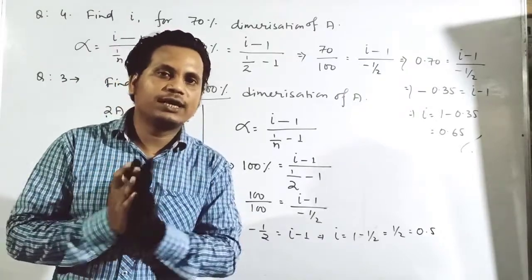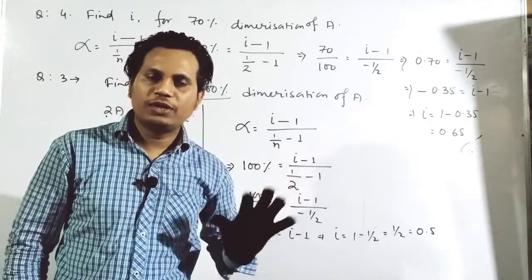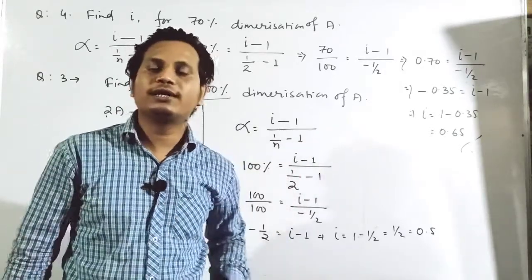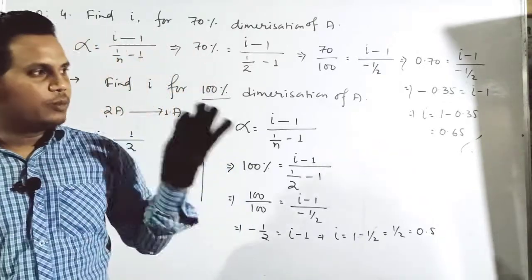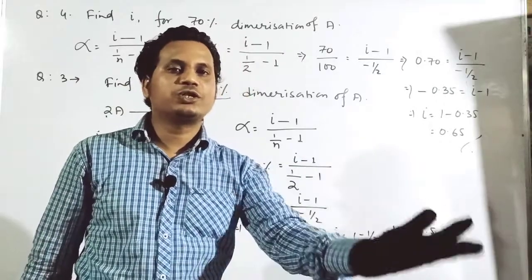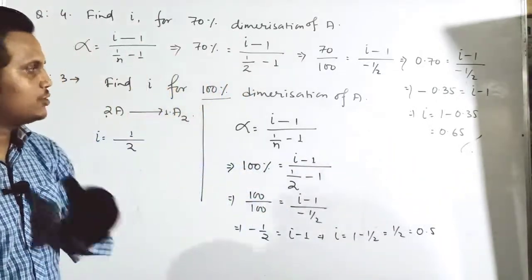What is the definition of I? Normal molar mass by abnormal molar mass, or observed colligative property by calculated colligative property, or number of moles of particles after dissociation or association by before dissociation or association.